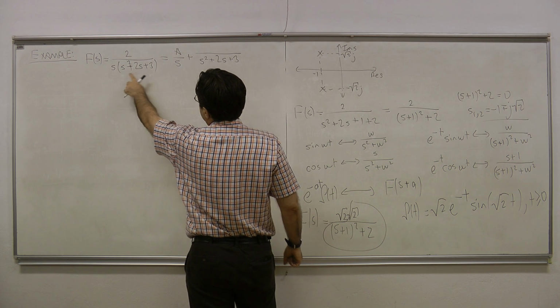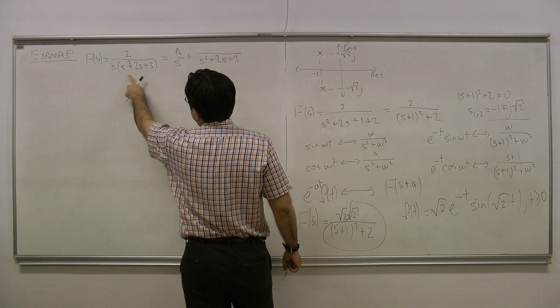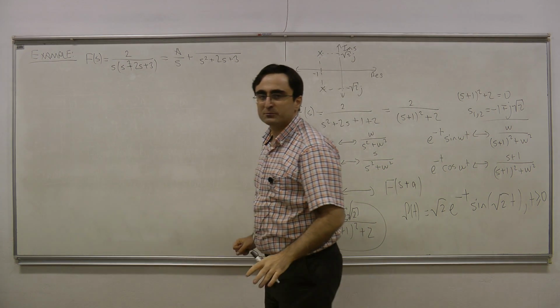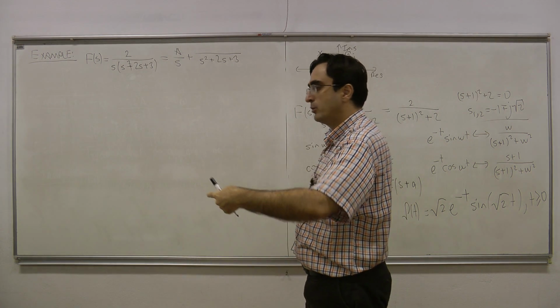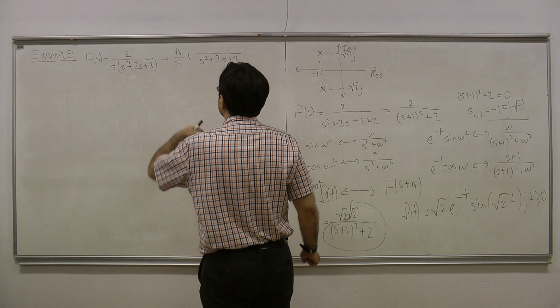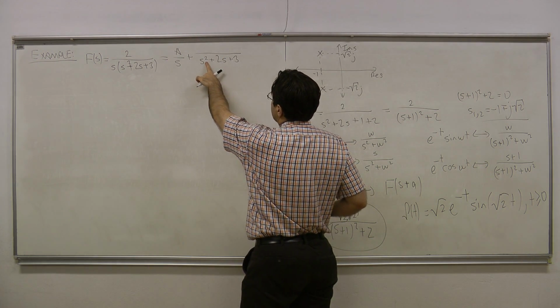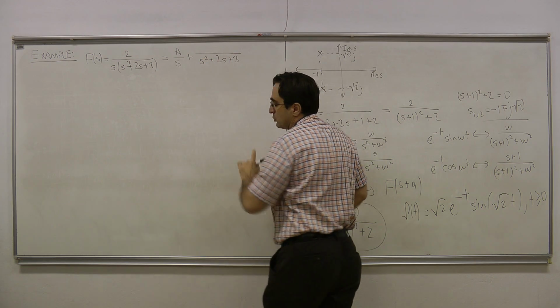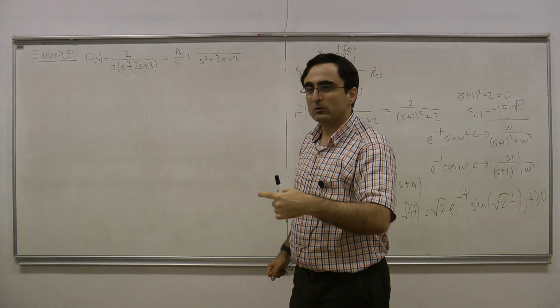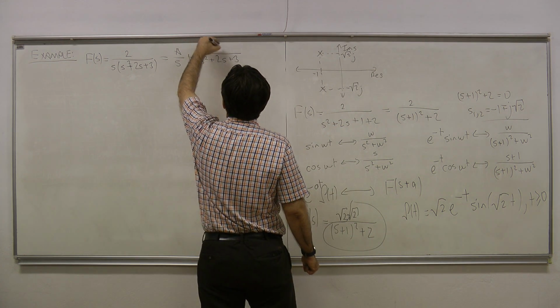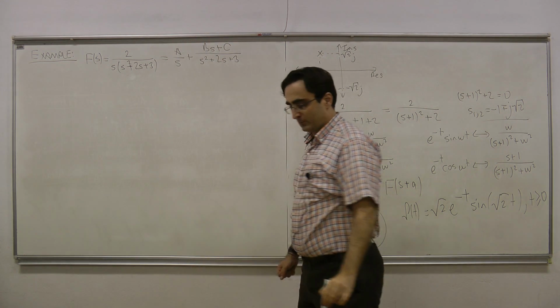If there were multiple real roots of this polynomial, then I would separate it into its partial fraction expansions as well. There would be multiple exponentials coming from each of them. This is a second order polynomial, so in the numerator I'm going to put a first order polynomial, one less than the order of the denominator. So it is bs plus c here.